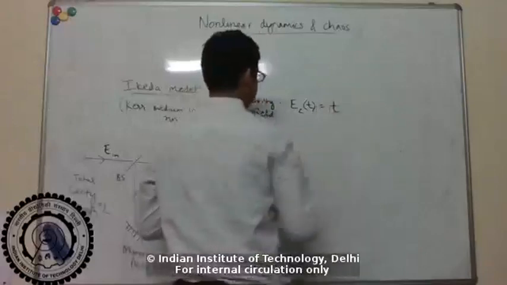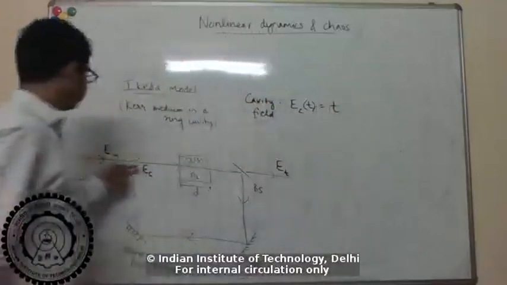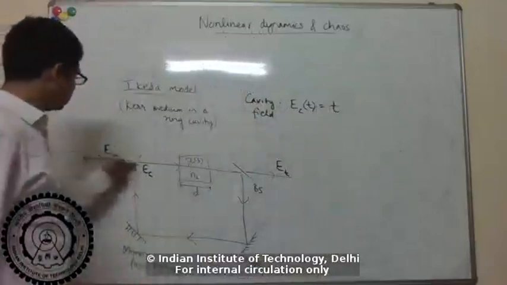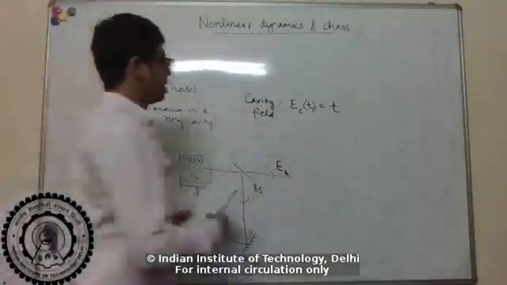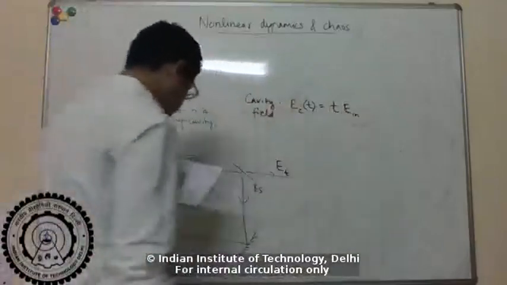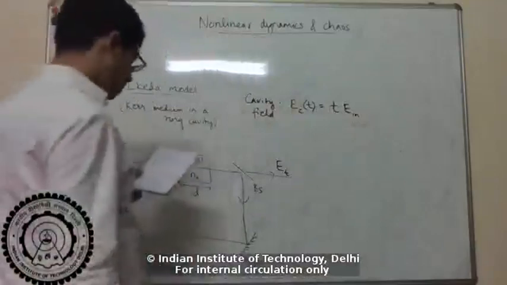So the cavity field will have the part of the field which is transmitted through the beam splitter, the input field. So that's T times E in.